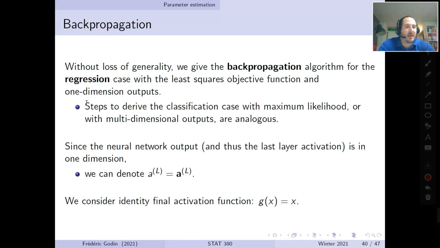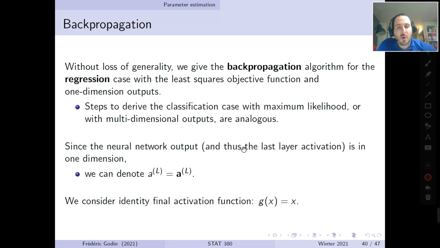So to avoid heavy notation, we'll show how it's done for this simple case. But if you want to derive the answer for the other cases, you use a similar approach and you can come up with the answers.